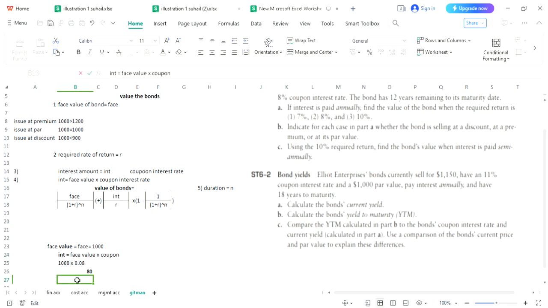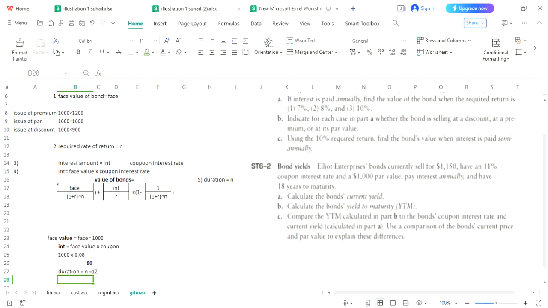Two values we have seen, and now let's see what is next. The bond has 12 years remaining to maturity. It means duration is also given in the question, which is n, and given as 12. So that means n is also an input.